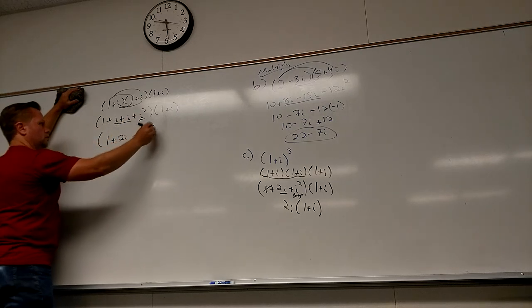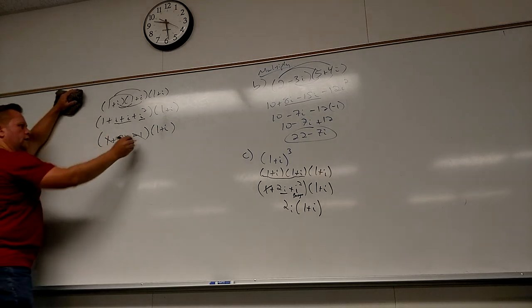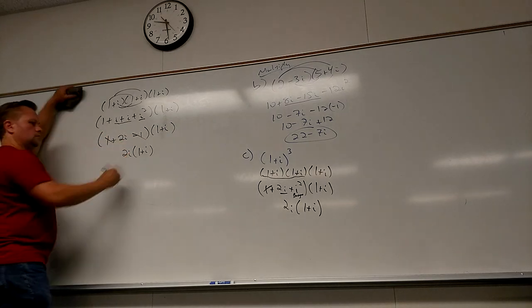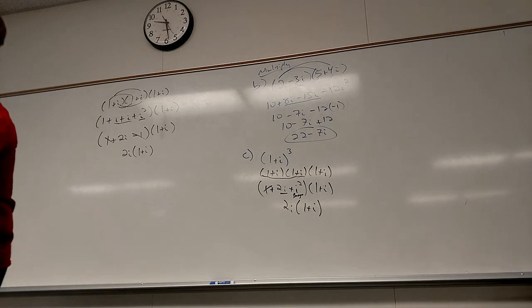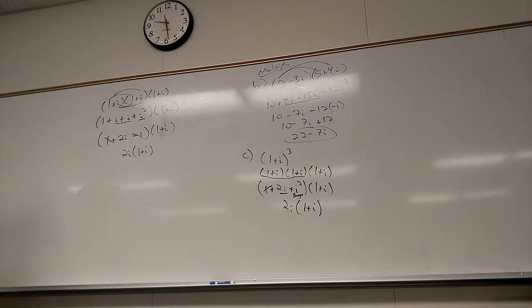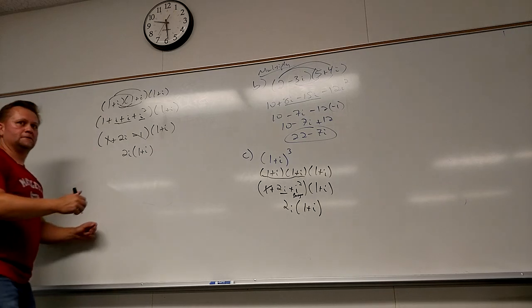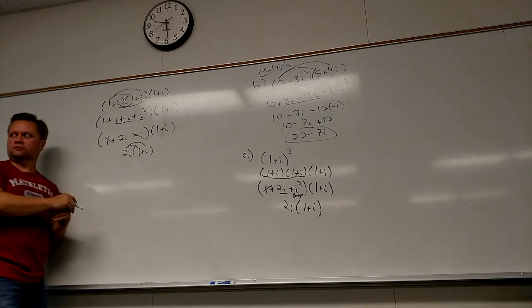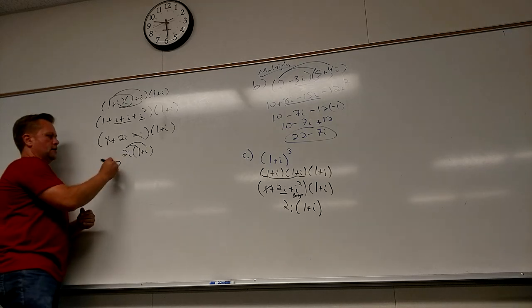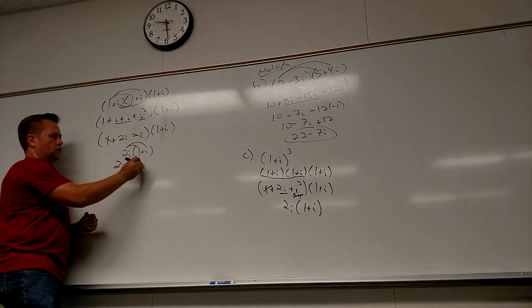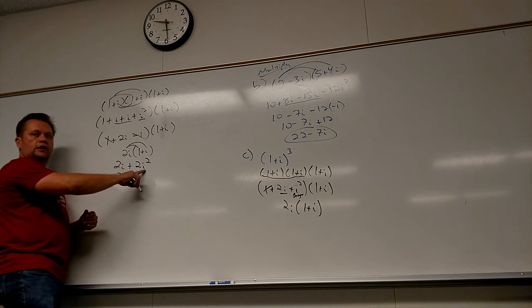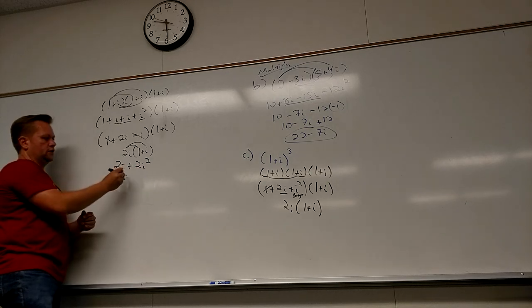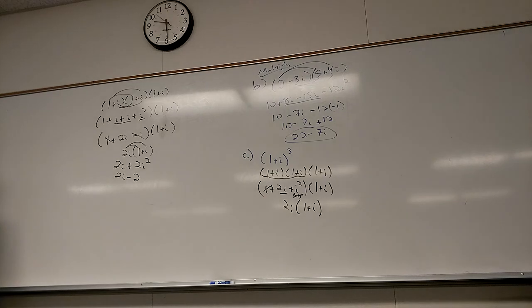Negative 1. 1 and negative 1 cancel, so you get 2i. All right. And then when you multiply this, it's just distribution. Is that cool? So you get 2i plus 2i squared. i squared is negative 1, so I get negative 2.